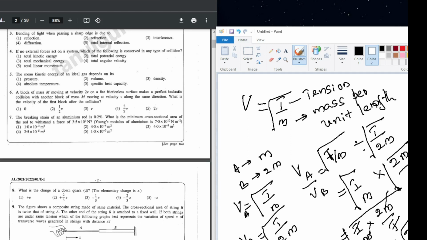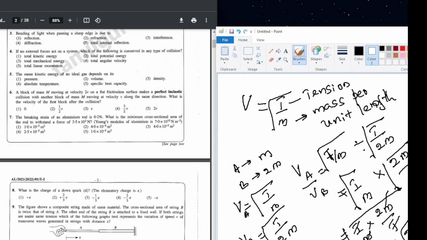Then you can get VB from that. VB equal 1 over root 2 VA. One over root 2 is 0.7.